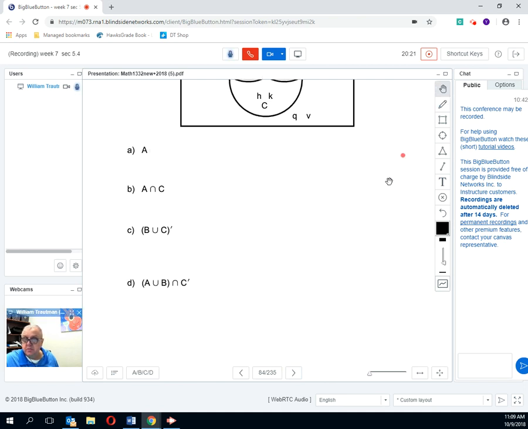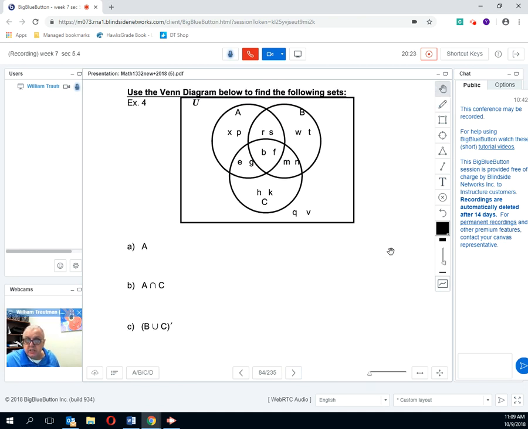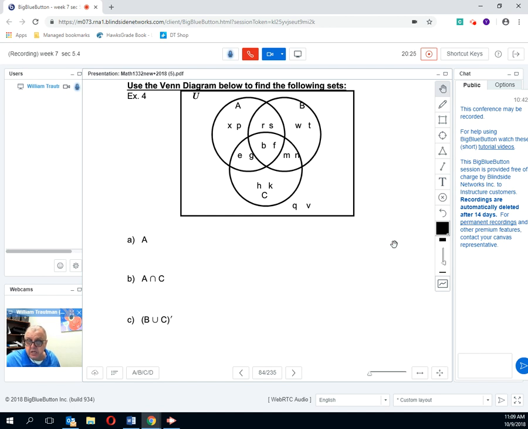All right, let's see what else we got. Okay, so use the Venn diagram to find the following sets. In this first problem, list everything that's in A. Just look at the big circle A, and all of these are the letters.